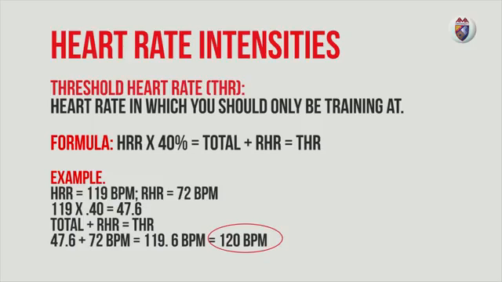Continuing the formula, 47.6 must now be added to the resting heart rate, which would yield this solution, 47.6 plus 72, and the answer is 119.6 beats per minute. Rounding off the value into a whole number, the example yields a 120 beat per minute threshold heart rate.